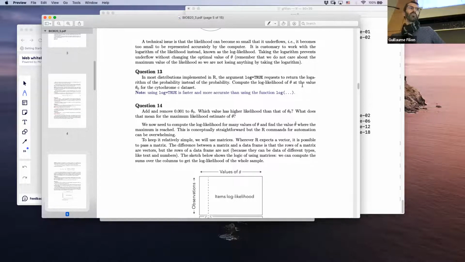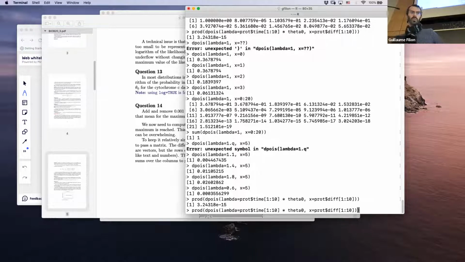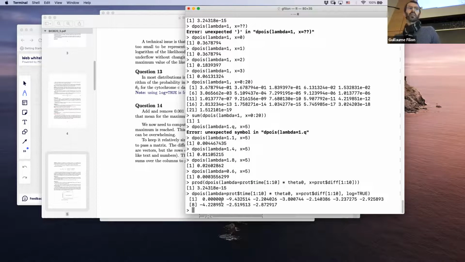Compute the log likelihood of theta at the value theta 0 for the cytochrome C data set. Okay, so we had computed this here, that was my answer. But if I say here log equals true in the Poisson function, then instead of getting these tiny numbers, I get negative numbers.